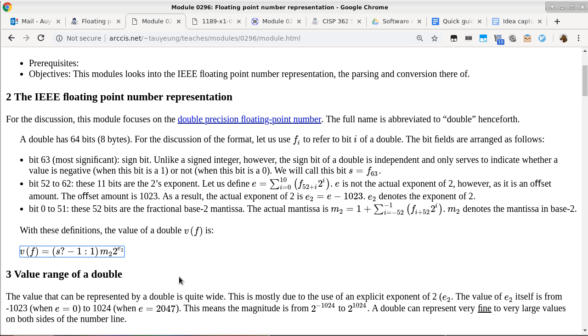And then we multiply that in return to 2 to the power of e2. What e2 are we talking about? This e2 over here. So we use bit 52 to bit 62, interpret it as an unsigned number, subtract 1023 from that. That becomes the actual power that we'll raise 2 to as a scaling factor.